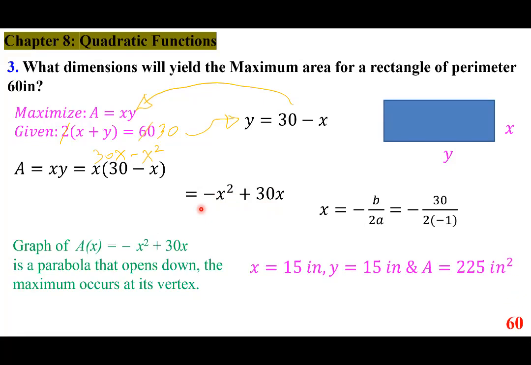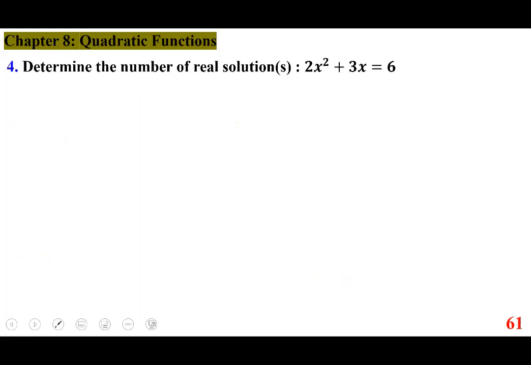Plug it back into this one or this one. Find y, and the area is the product of x and y. So the maximum occurs when x and y are both 15. The length and the width are both the same, 15, and the area is 225 inches squared.